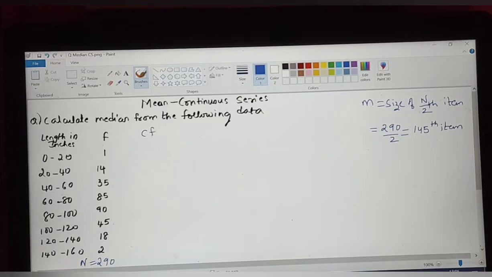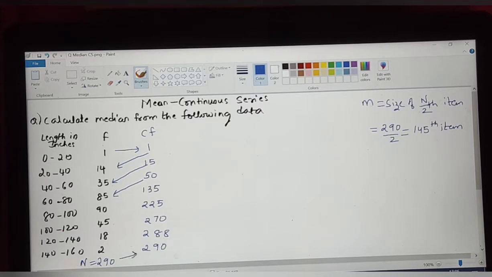So CF, the first value remains the same. Then you have 1 plus 14, which is 15, and then 15 plus 35, which is 50, and 50 plus 85, which is 135, and 135 plus 90, which is 225, and then you have 270, and next 288, and the last value we have is 290.